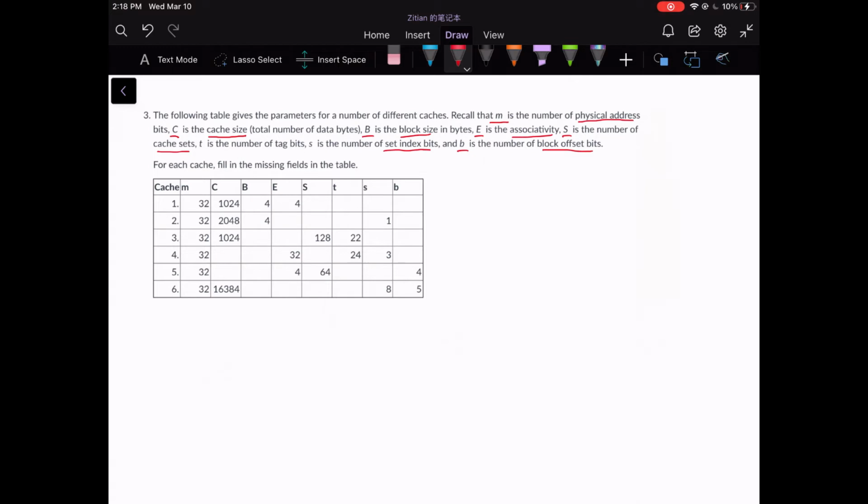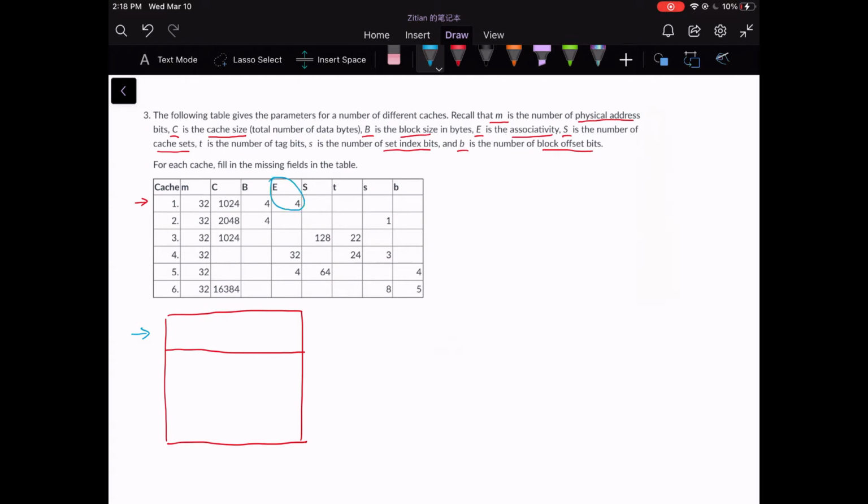So let's check out the first one. Remember I previously said, for example, this is a cache, and inside the cache we divided into several spaces, which we call sets. This is set 1. Let me check. Question 1 says E equals 4.